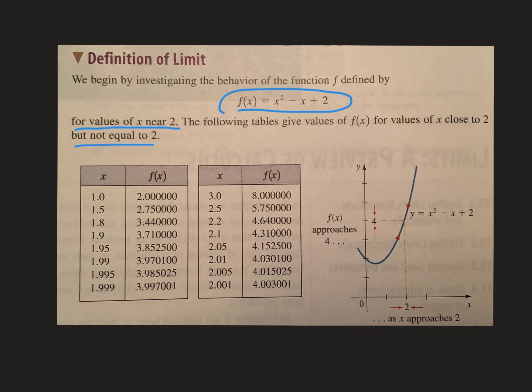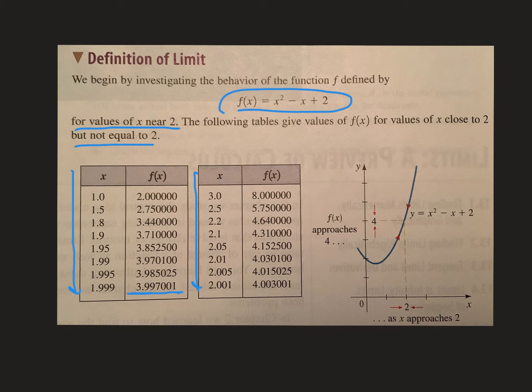So what we did here is I took a calculator table and started at 1 and got closer and closer to 2. As you can see, we went all the way to 1.999. I did the same thing for the other side, starting at 3 and getting closer and closer, going the other direction, getting closer and closer to 2. And look what I got in both cases. When I went closer from the lower side, I got 3.997.